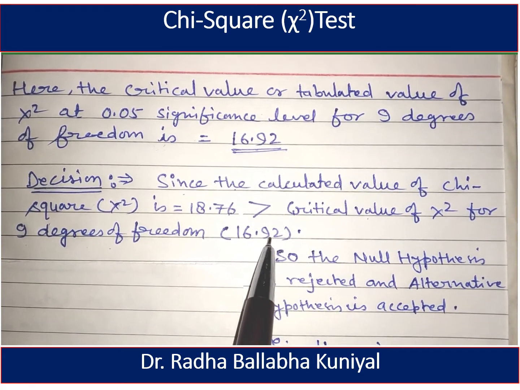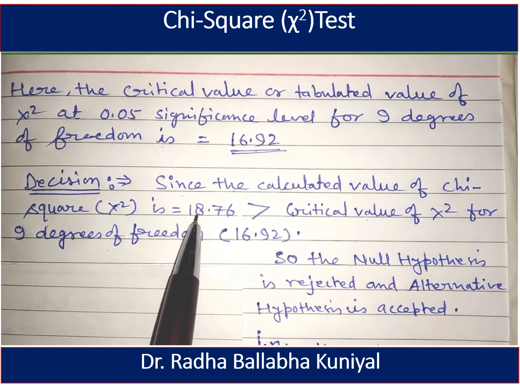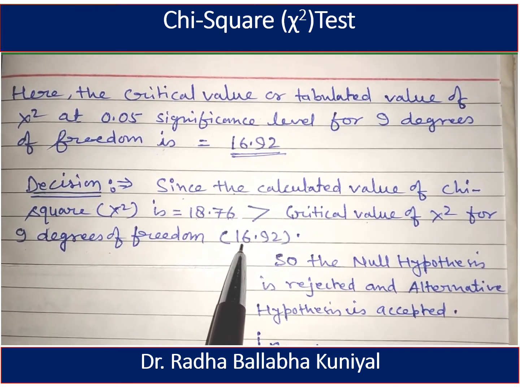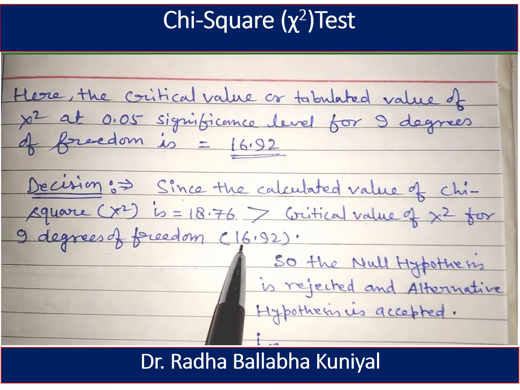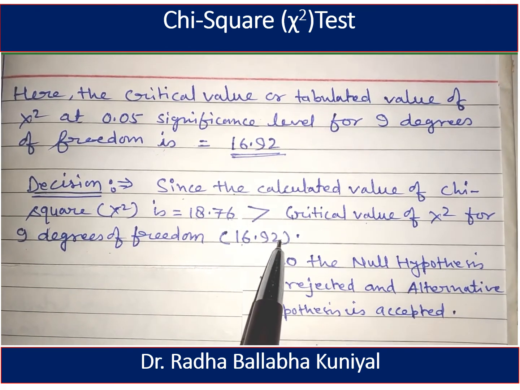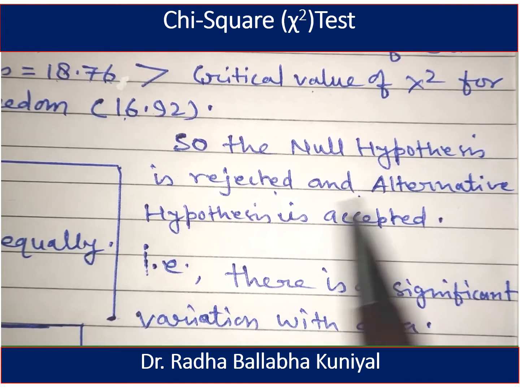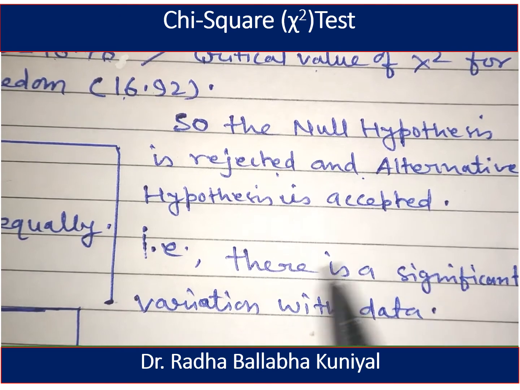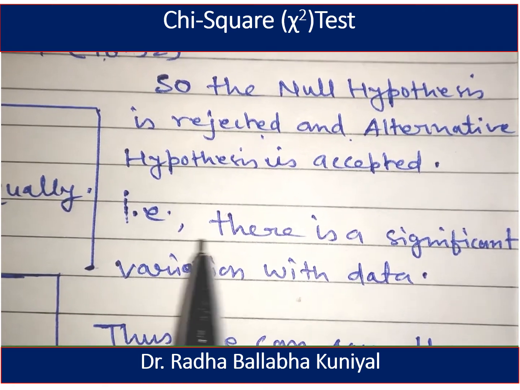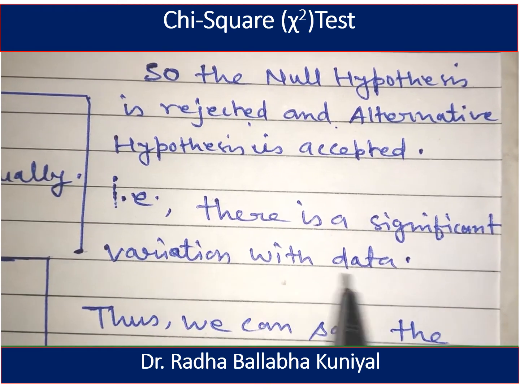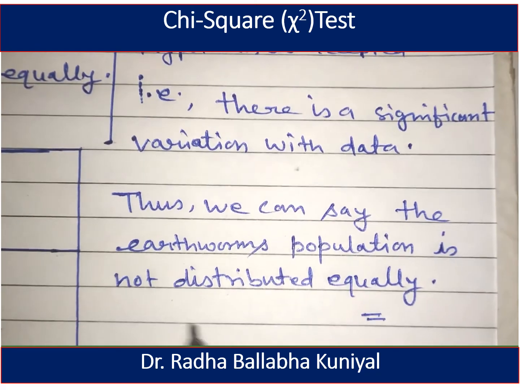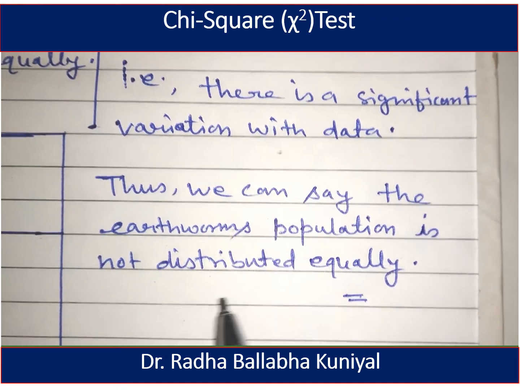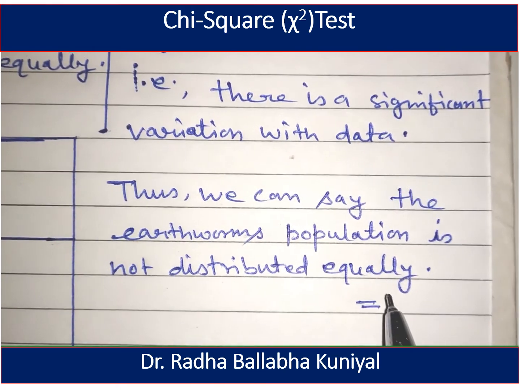So the calculated value is 18.76, which is greater than the tabulated value, 16.92. So the null hypothesis is rejected and the alternative hypothesis is accepted. That is, there is a significant variation in the data. Thus we can conclude that the earthworm population is not distributed equally.